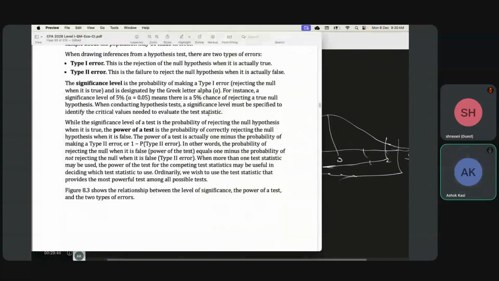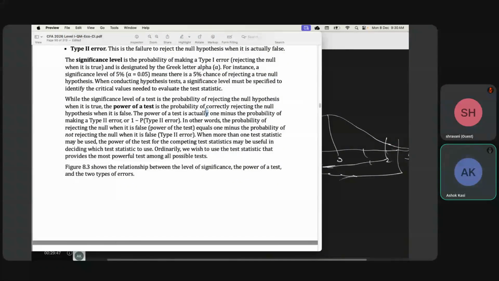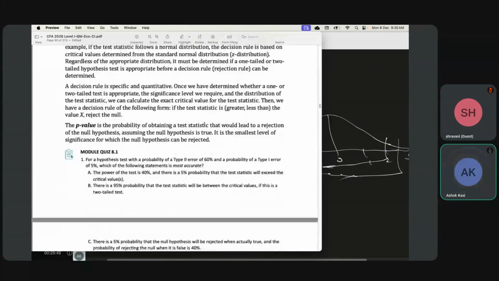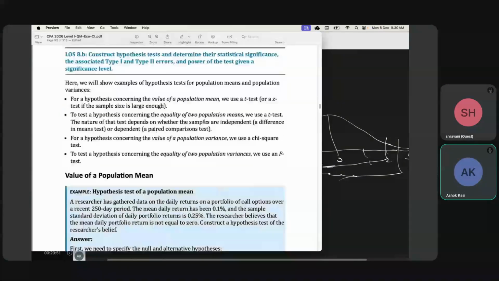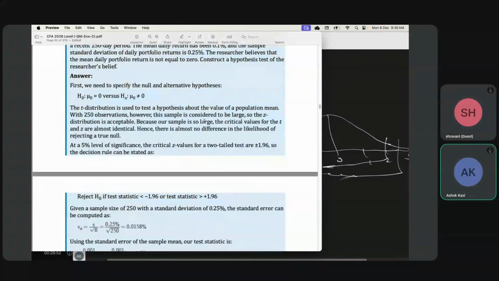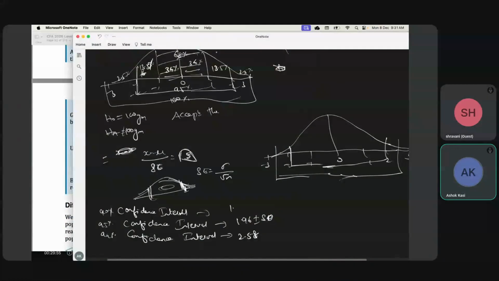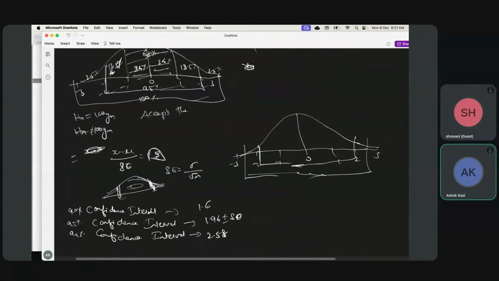You remember 90%? It is 1.65, plus or minus 1.65. So 1.65 will come minus here, somewhere here.